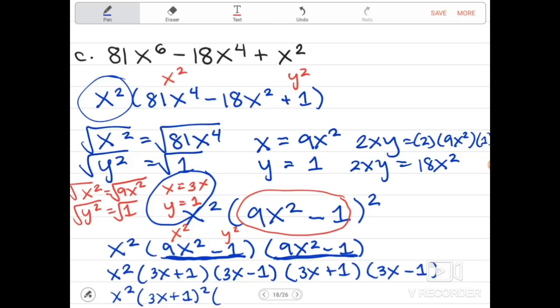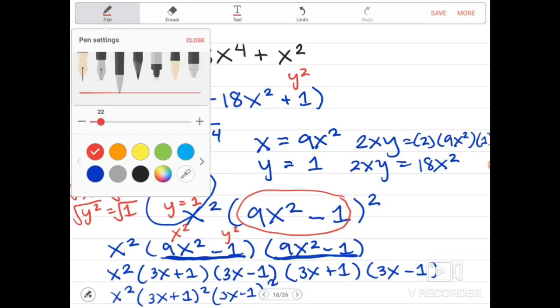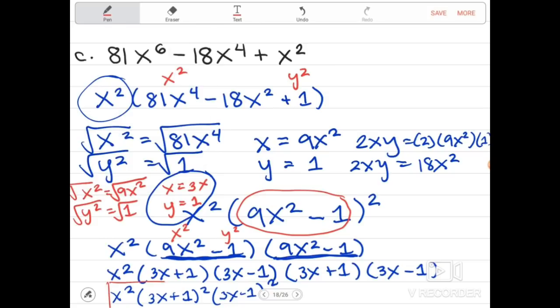Then the other one, 3x minus 1 squared. So, this will be our final answer. So, yan. Or, pwede rin naman to. Nasa taas. Pero, ito yung mas nakasimplified yung nasa baba. Okay? So, ingat tayo sa factors natin ha. Kasi akala natin, final answer na pala. Yung pala, pwede pa siyang i-factor. No? Okay? So, next, last problem.